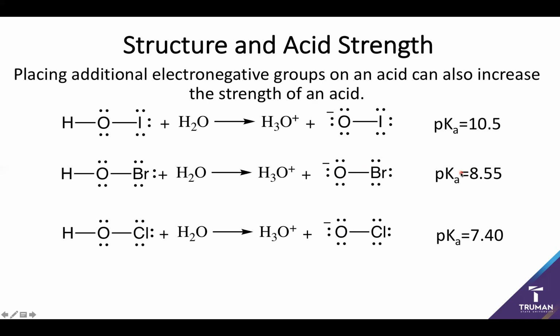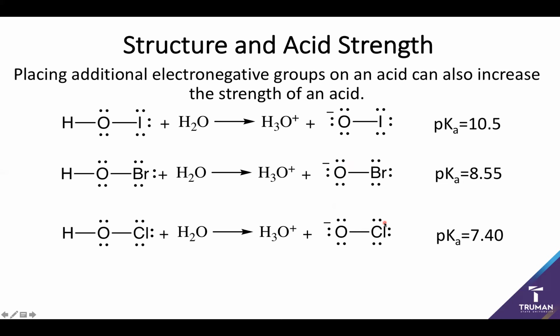However, if we go to our good old friend bleach, hypochlorous acid, now we've lowered that pKa by about another unit as we've further stabilized that oxygen, because chlorine is more electronegative than bromine, which is more electronegative than iodine. And it turns out this doesn't work with just stabilizing oxygen. You can stabilize any number of molecules, make it a little easier to bear a negative charge by having somebody who can help share the load.